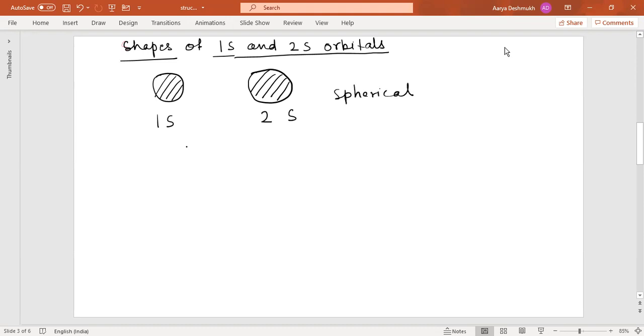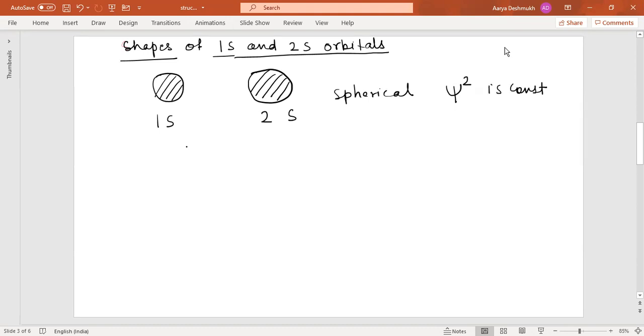Now the boundary surface is drawn in space for an orbital such that the value of probability density, as I told, that is psi square, is constant.